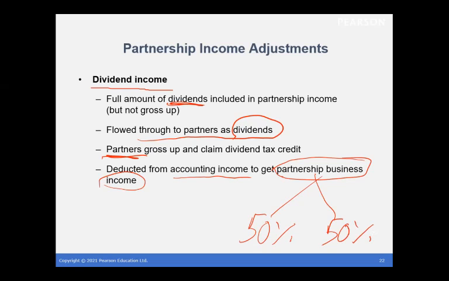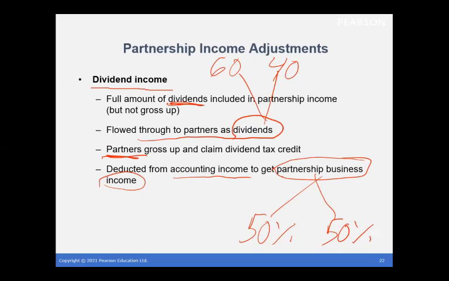Your regular business income is going to flow to the partners as business income. But if you also have dividends, that's going to flow to the partners too. Perhaps the agreement is that that's 60-40. There could be different agreements on different types of income, depending on the arrangement.